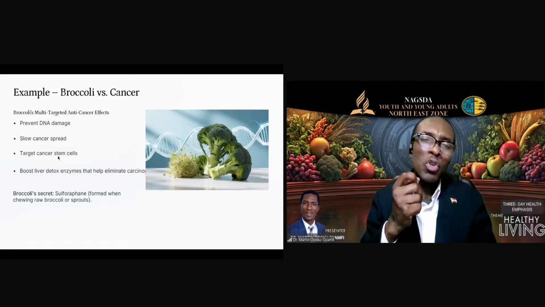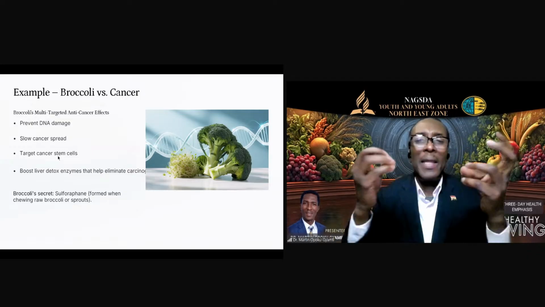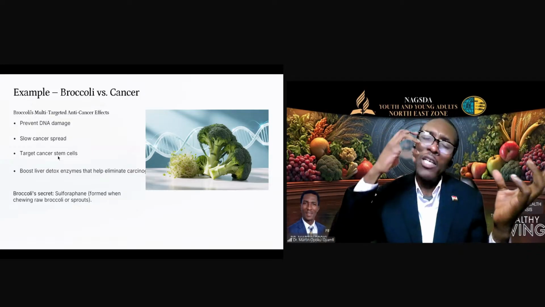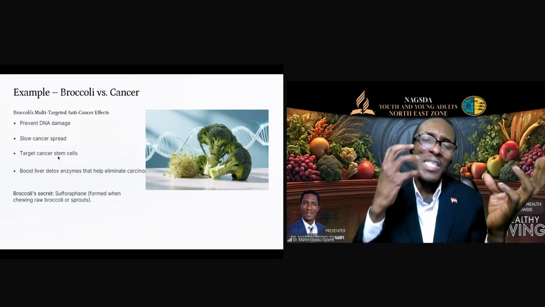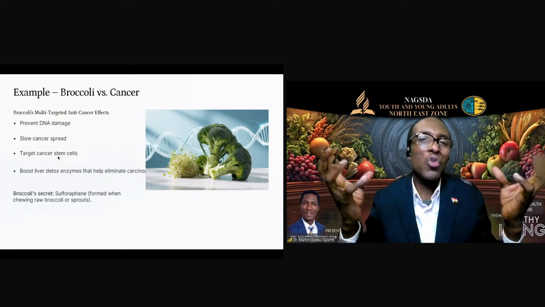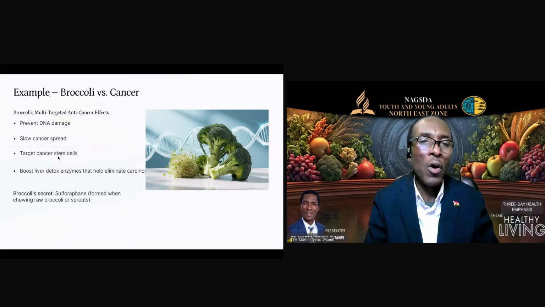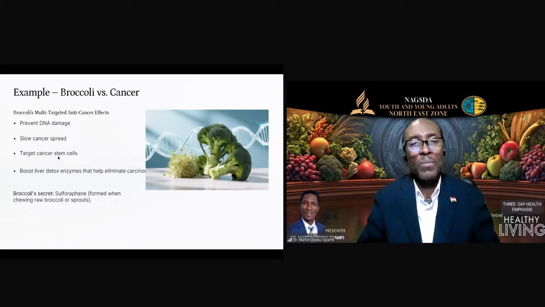Because when you bite into it, there are two compounds that come together. They are in their inactive form, but as soon as you bite and it crunches in your mouth, that crunchy feeling activates those two compounds, and then they are combined, and then sulforaphane is formed. And then it will be able to do all this.